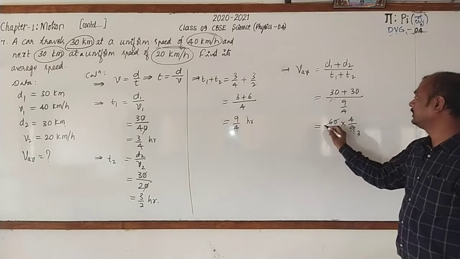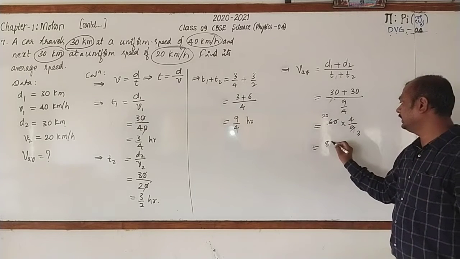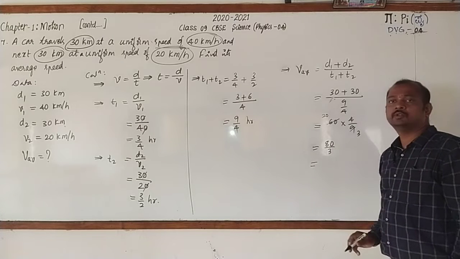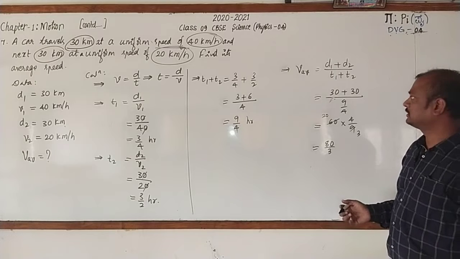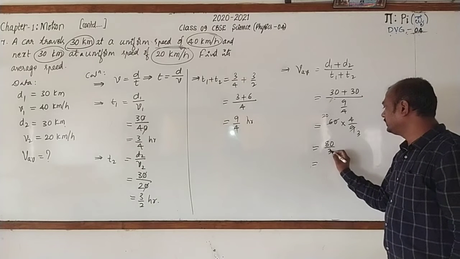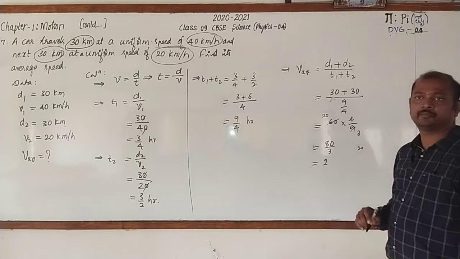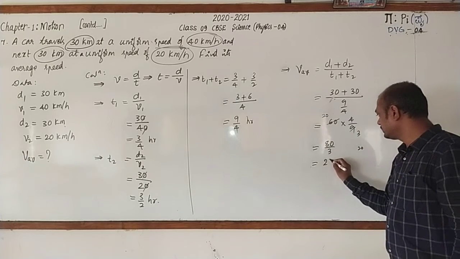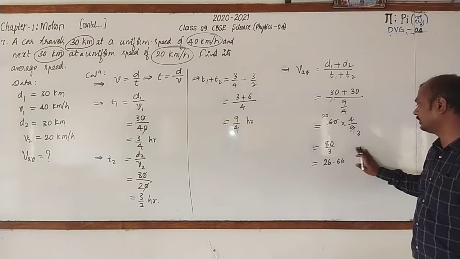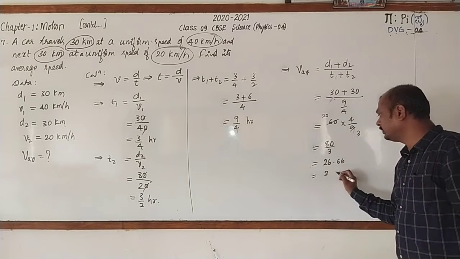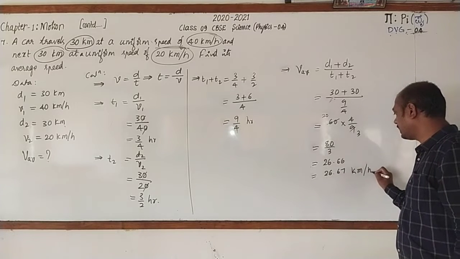Now 3 threes are 9, 2 sixes are 12. 60 into 4 is 240 by 9, which simplifies to 80 by 3. You can write it in fraction or even in decimal form. Dividing, it is approximately 26.67 kilometers per hour.